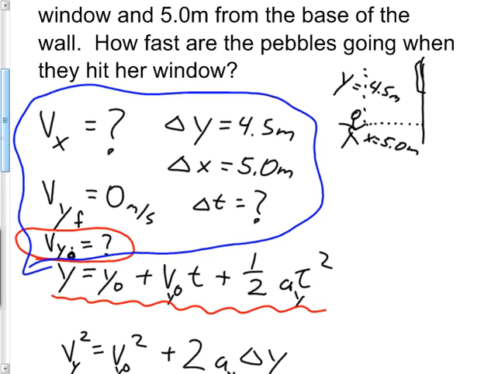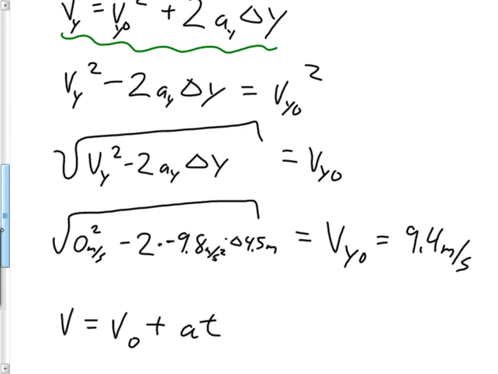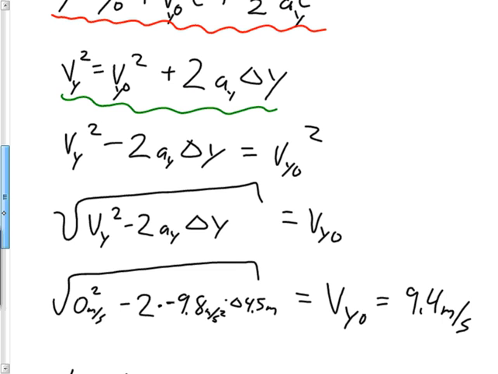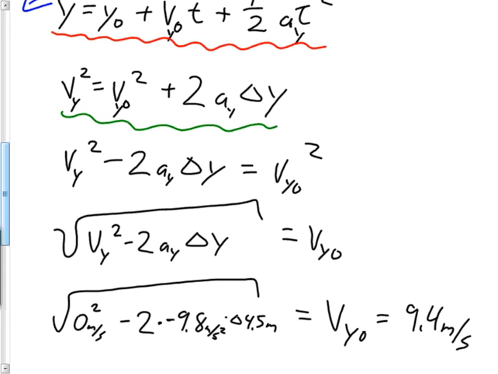The other tip is notice how I had started with the one that I have underlined in green here. Please take note that I did not plug in numbers. I manipulated the equation a couple of steps before I did anything. I solved with the variables. I solved for the variable that I'm looking for.